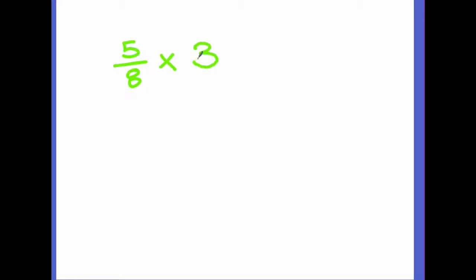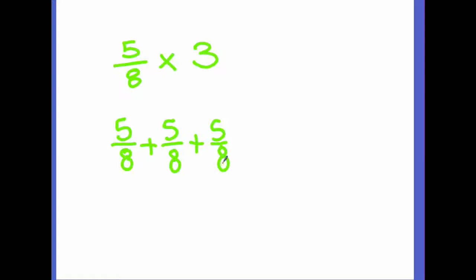What's something I can do? How could I show that numerically? 5/8, 3 times. Okay. I could write 5/8 plus 5/8 plus 5/8. That works too. That would give you the same answer.